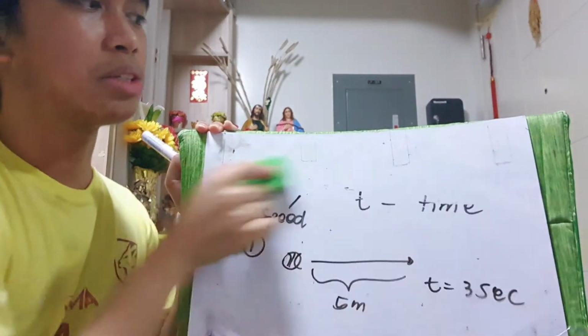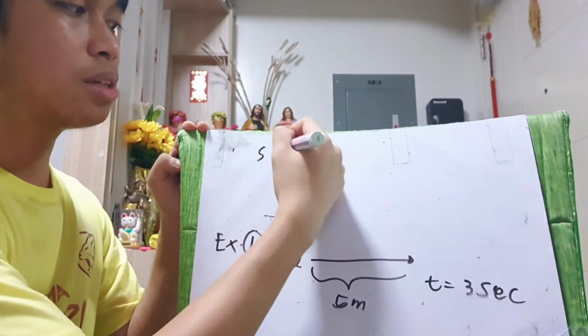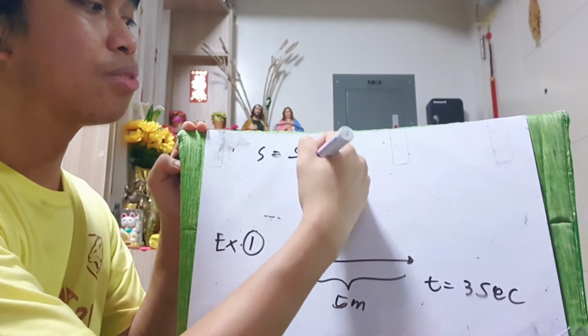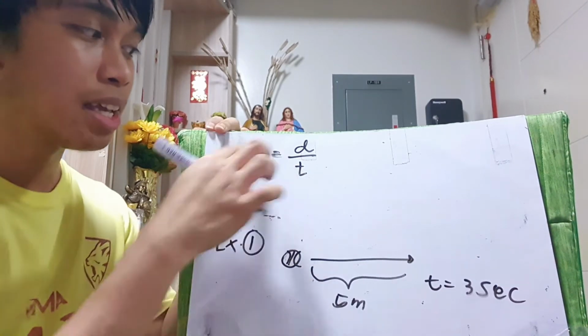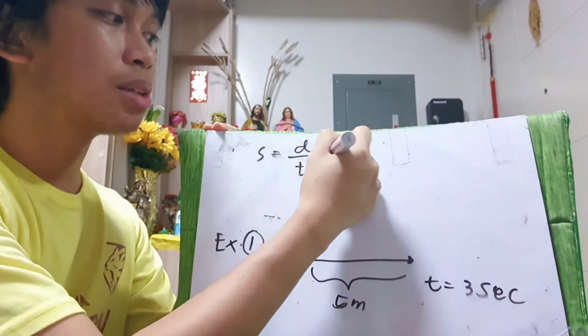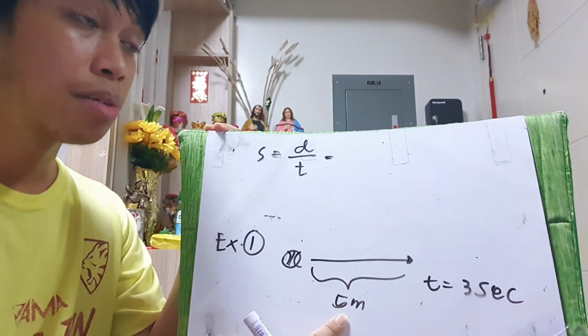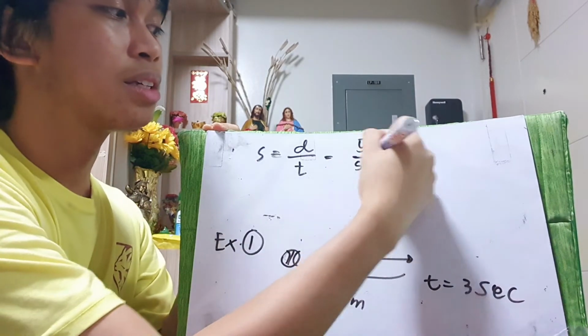In order for us to solve this one, we use the formula speed is equivalent to distance covered over specified time. In this case, the speed of the ball being kicked away is equivalent to the distance covered, which is 5 meters, all over 3 seconds.